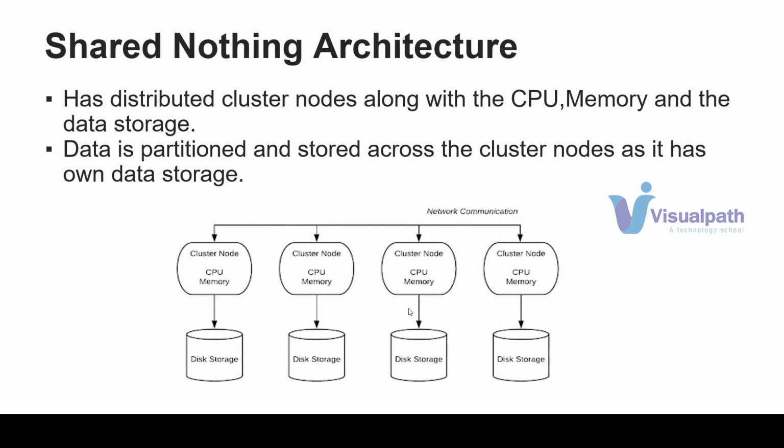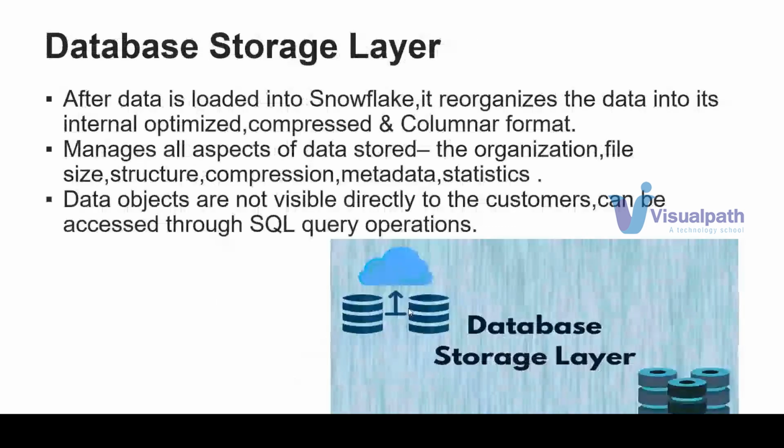Snowflake is a hybrid of both shared disk and shared nothing. We'll see how it works. First we'll talk about the database storage layer. We just create a table. The data in any data warehouse will be available only in tables, not in databases, not in schemas, not in pipes or stages, anything.